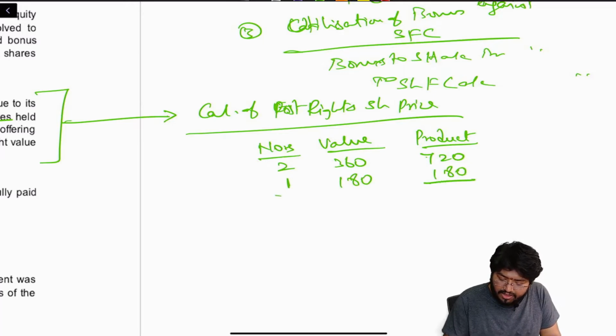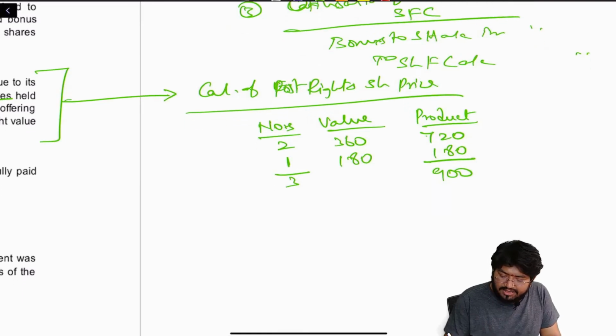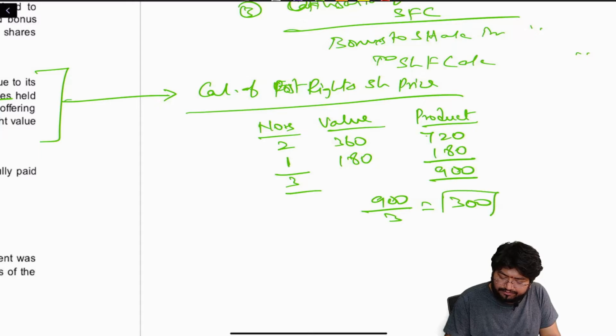Okay. Now, take the product of these two. It is 900 for 3 shares. What does this convey? Now, the revised value per share after this rights issue is 900 divided by 3, that is 300 rupees per share.